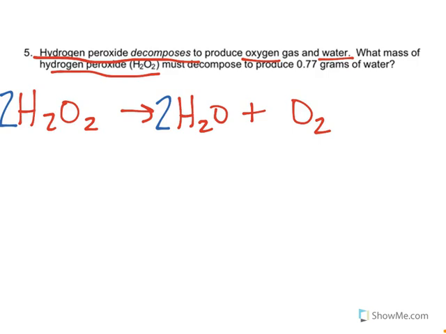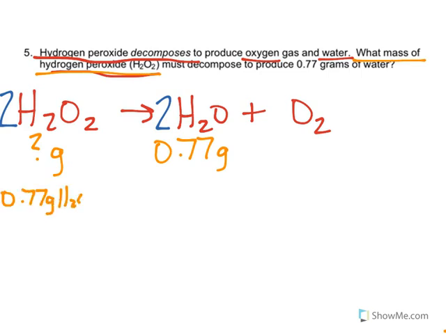Now we can actually read the question and see what we need to work with. What mass of this H2O2, so how many grams of H2O2, must decompose to produce 0.77 grams of water? So 0.77 grams of H2O.